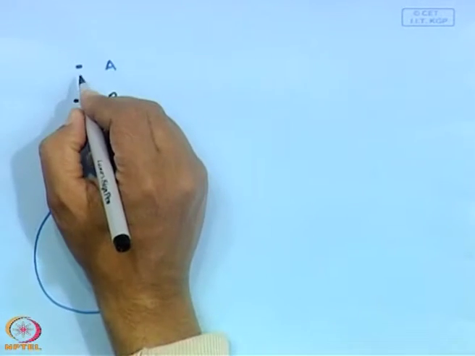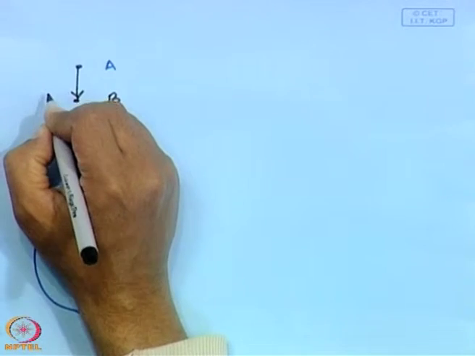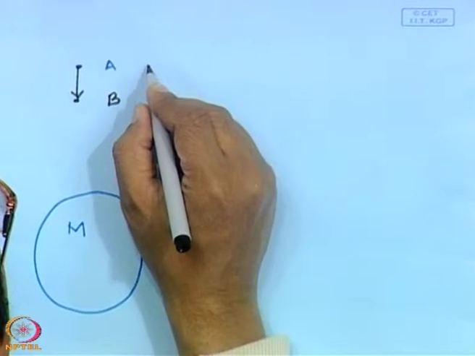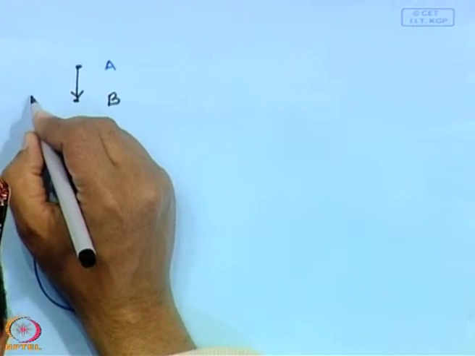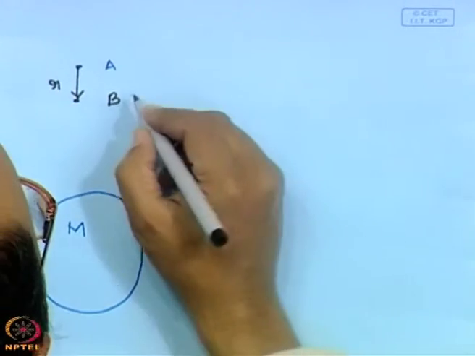This particle B is at a distance r. The distance from A to the center of this mass, let us call it capital R, and this distance is small r.